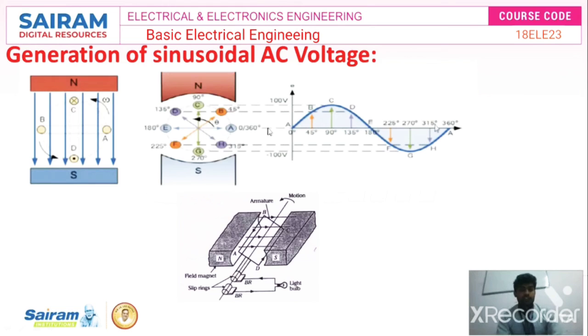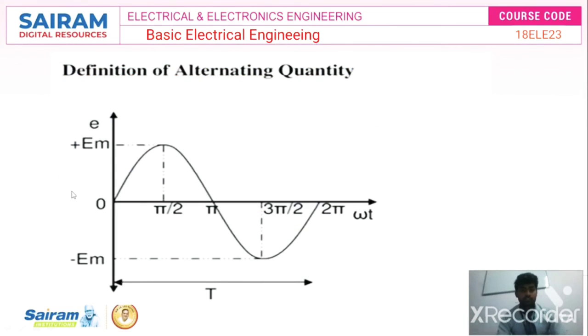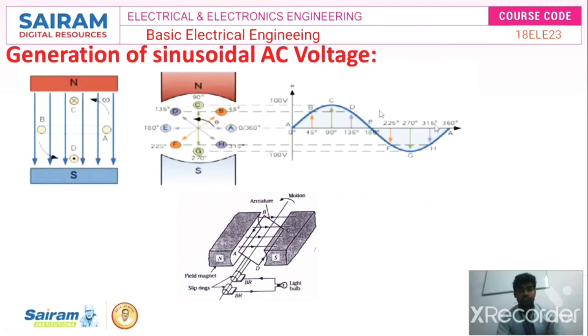So when the conductor is in position A, there is no induced EMF. If the conductor is placed in position B, see here the instantaneous value, in position C the instantaneous value is here, and in position D the instantaneous value is here, and position E here at 90 degrees, and similarly the complete cycle is present, right? So this is how we are getting a sine waveform in generators, right?